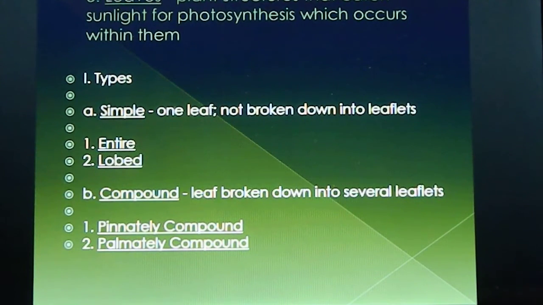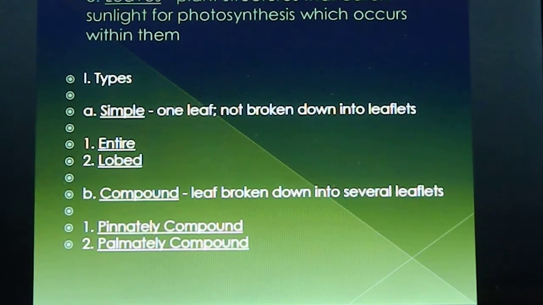Now, a simple leaf is just one blade. It's not broken into several different little leaflets. A compound leaf is a leaf that's broken down into several leaflets. And there are two types of leaves that are compound.